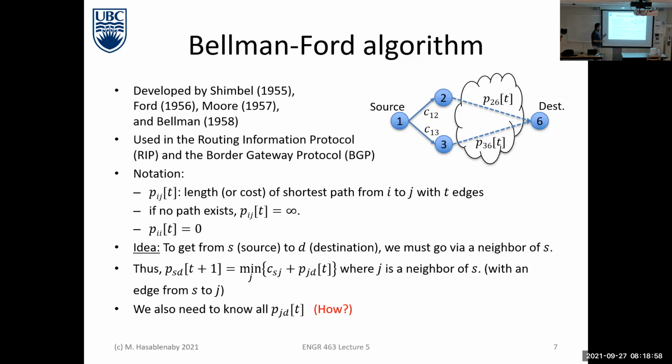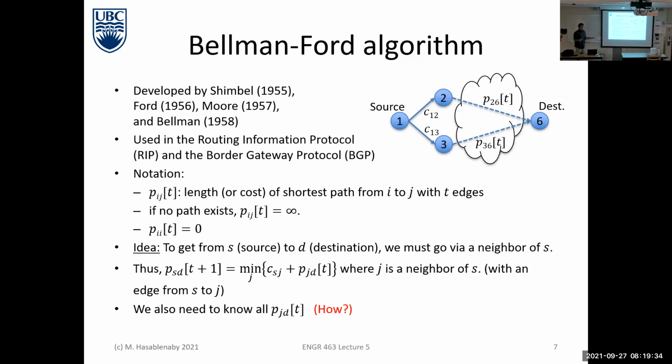Its idea is based on the fact that, in order for the source to reach the destination, we must go via the neighbors of the source. It is used in cases where the source is most of the time not directly connected to the destination. In some cases the source is connected to the destination, and we can also use Bellman-Ford.